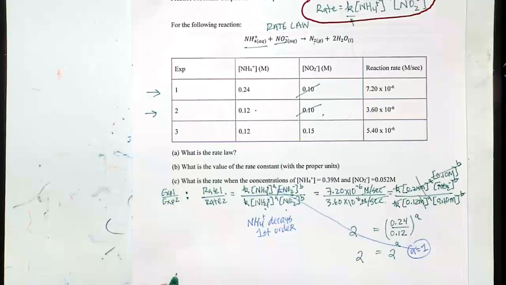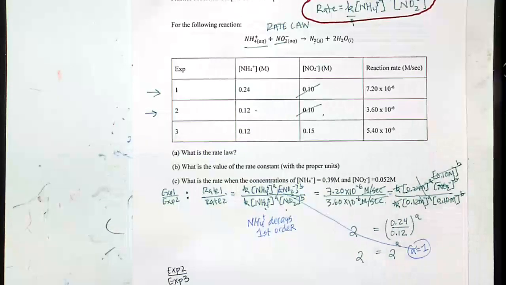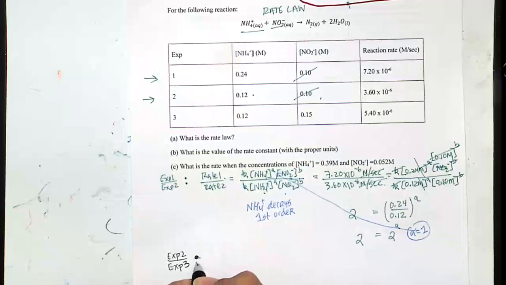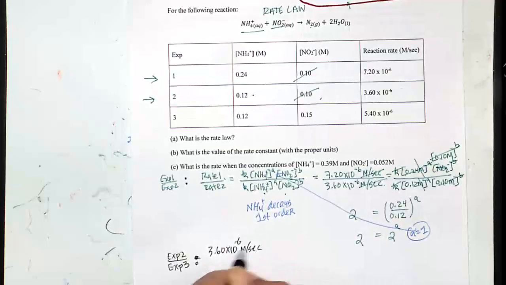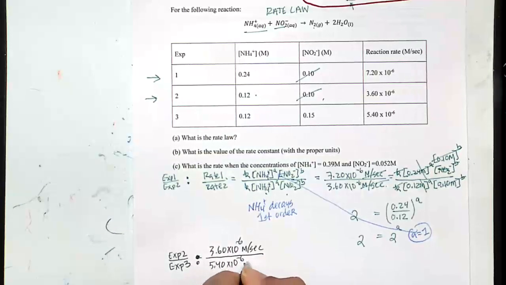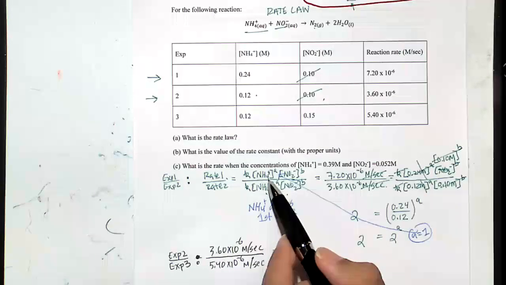All right, now let's compare experiment 2 with experiment 3. So 3.60 times 10 to the minus 6 over 5.40 times 10 to the minus 6. K, we'll look at that later.